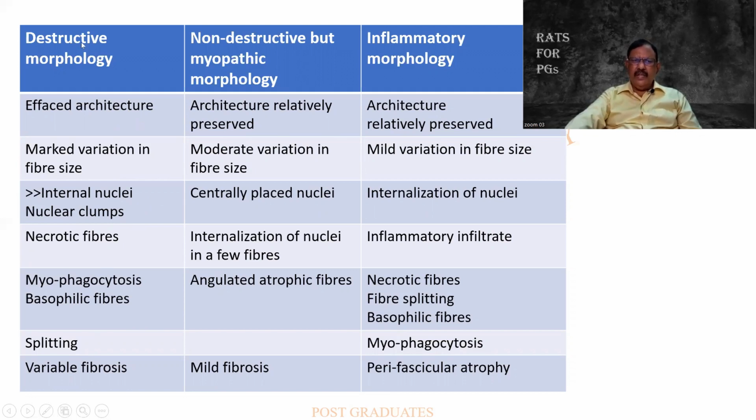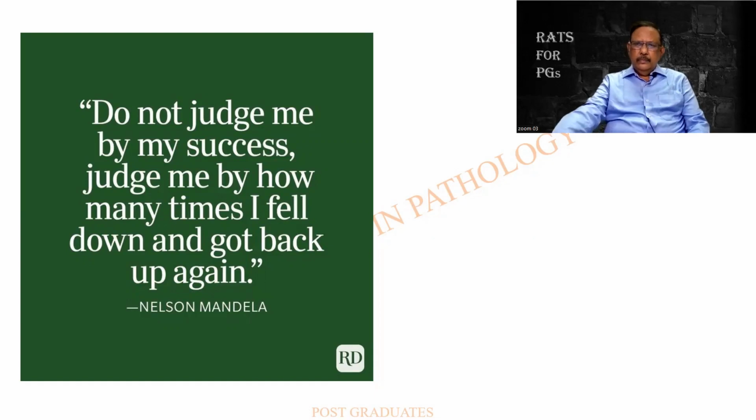Necrosis obviously when there is a destruction. Phagocytosis again when there is a destruction. Non-destructive means there can be angulation because of the atrophy. Fiber splitting can be looked for. At least if you use these terms, it will be more than enough. Try to look at the subheadings, and that will lead us to the answer more than enough for the examination. You are not going to become a neuromuscular pathologist with this.